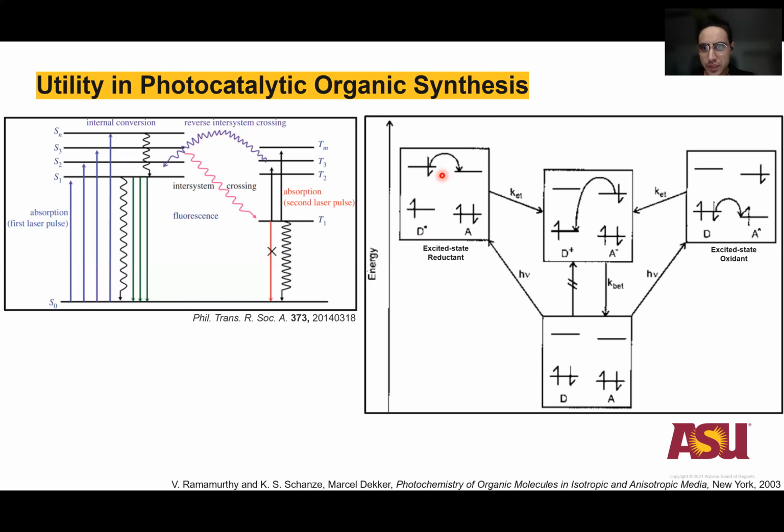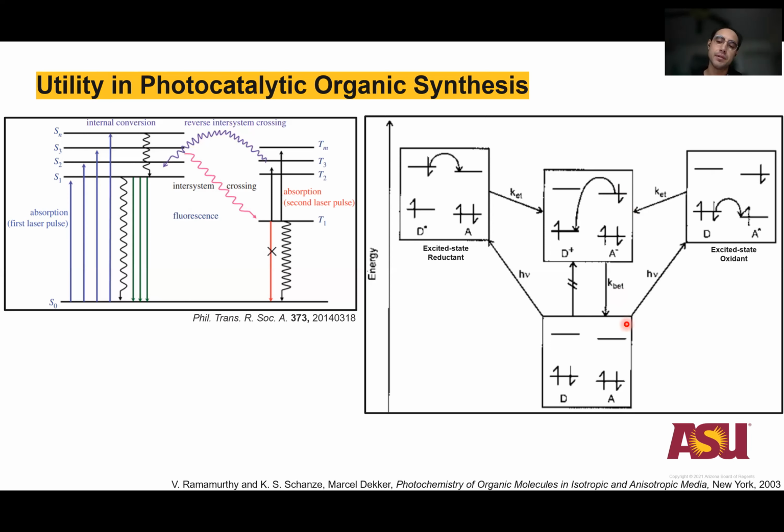And so at this point, we've created a cation or a radical cation of our photocatalyst, and an anion or radical anion of whatever reaction component the photocatalyst reacted with.